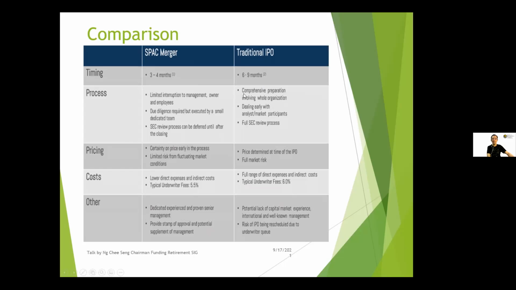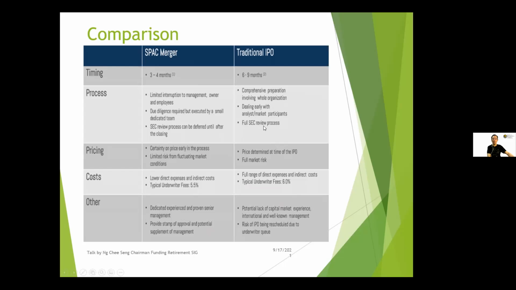So the process of a traditional IPO is very comprehensive preparation involving the whole organization, and you also have to deal with analysts and market participants, and then you also have to fulfill the security exchange review process.